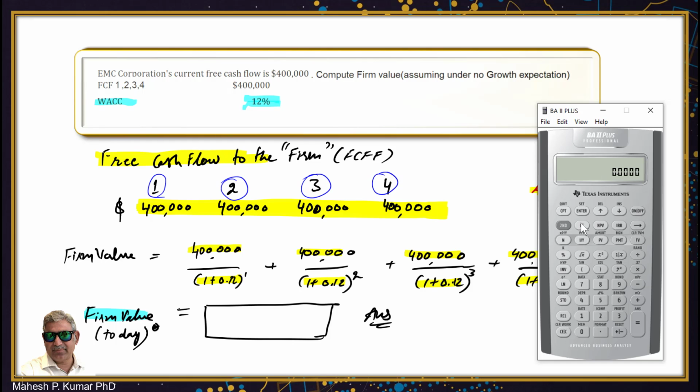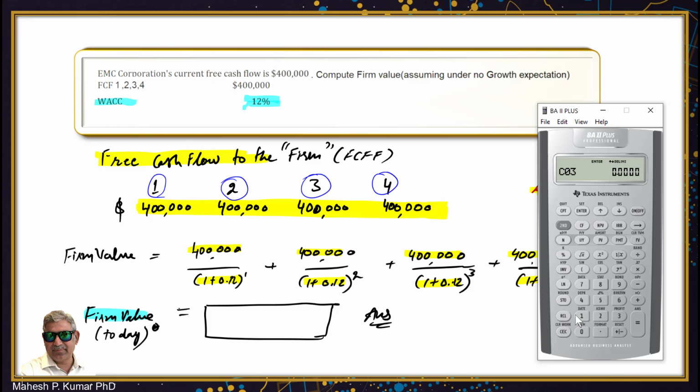Then let us go back to the cash flow function, and it is asking for CF0. This is 0. Click enter, go down. First cash flow, recall 1, enter, go down, frequency is 1, go down. Second cash flow, recall 1, enter, go down, go down.